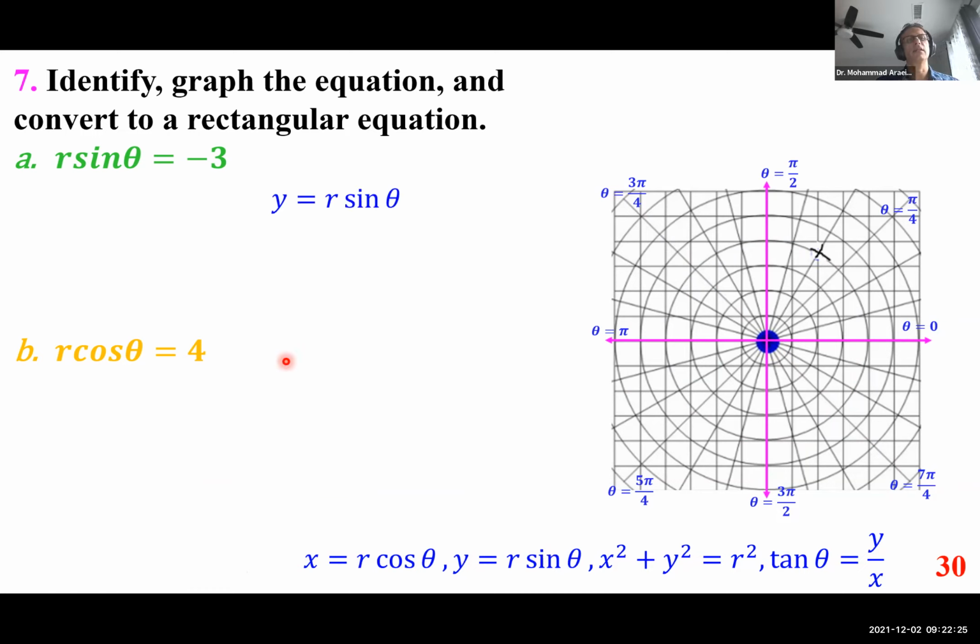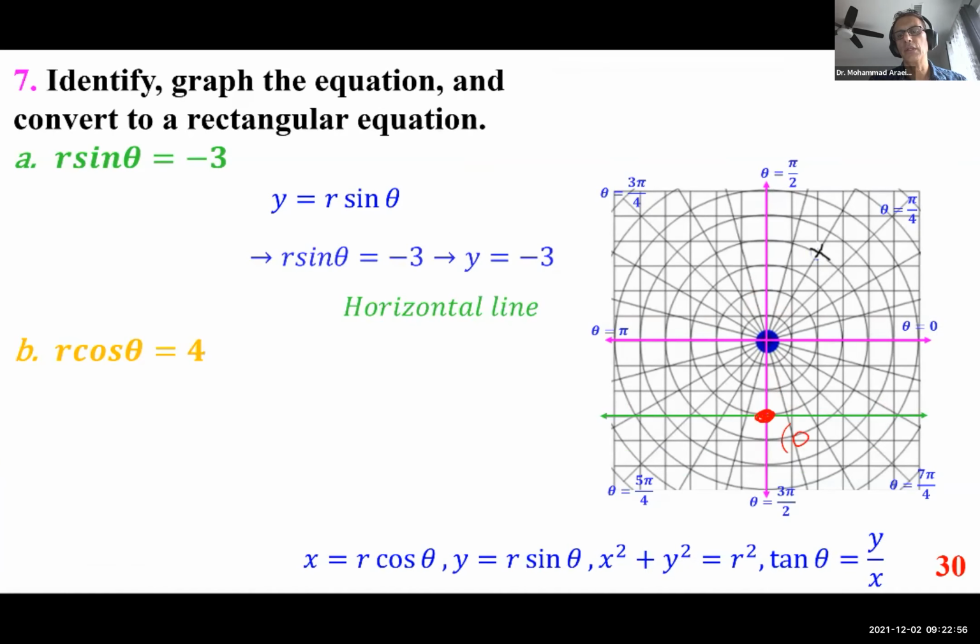Therefore, if that is the case, y must be -3, which gives us a horizontal line. So you just go along the y-axis 3 units down. If you were to pinpoint, the y-intercept would be located at 0, -3.